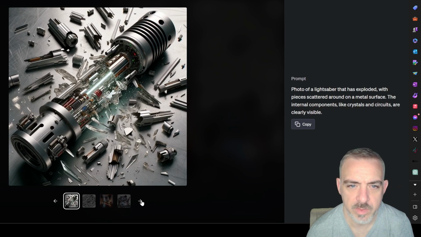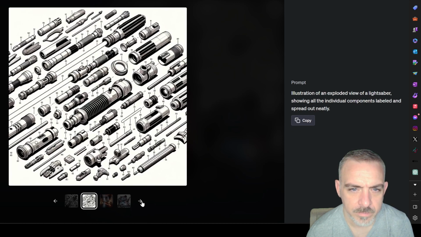ChatGPT looks like it gives 4 images this time. It looks like there's kind of tiny little lightsabers inside of this lightsaber. It's just super weird, all these tiny little circuits and stuff inside of here. Okay, and this is like a parts list.